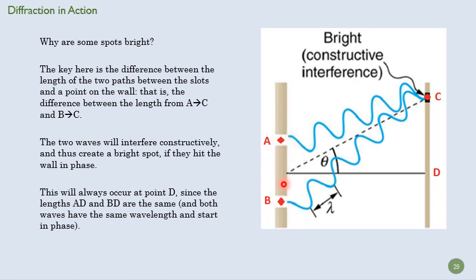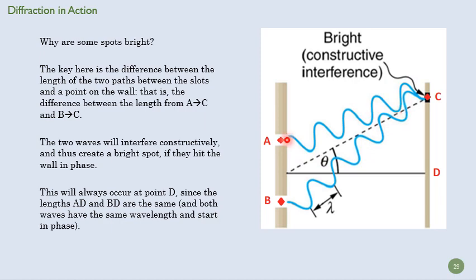So they started out in phase, and let's see how many wavelengths we've got. 1, 2, 3, 4, 5.5 wavelengths to get from B to C. Here we've got 1, 2, 3, 4.5 wavelengths. So they're going to be here constructively interfering with each other at point C, because the distance between them is exactly one wavelength apart.